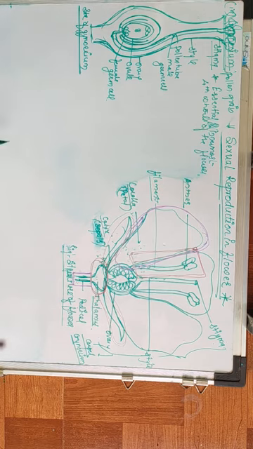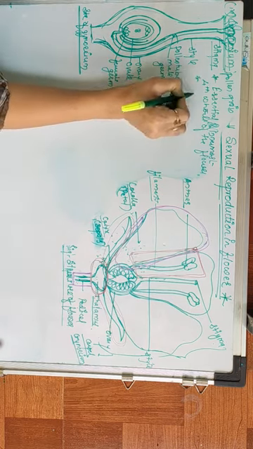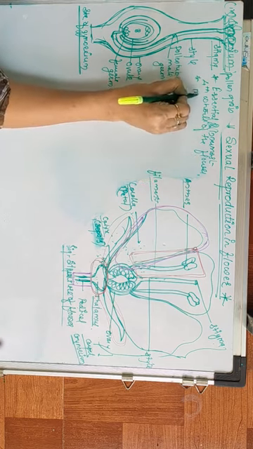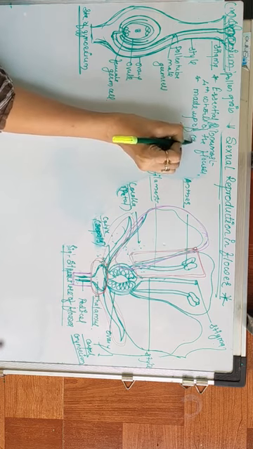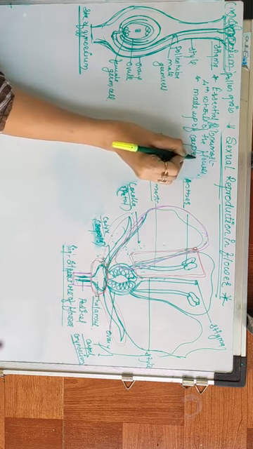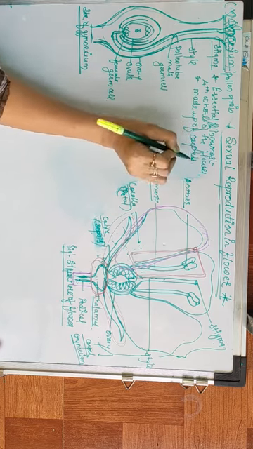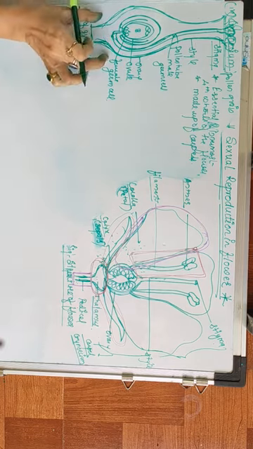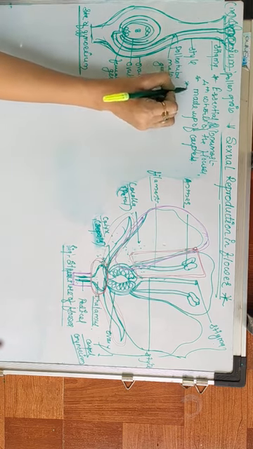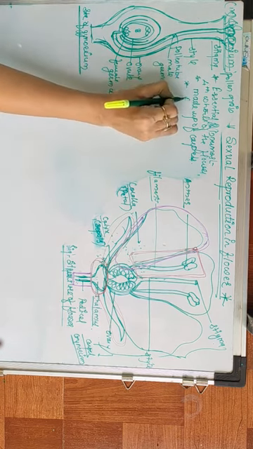Okay. Now it is made up of carpels. Now each carpel, this portion, is known as a carpel. Now each carpel has three parts.